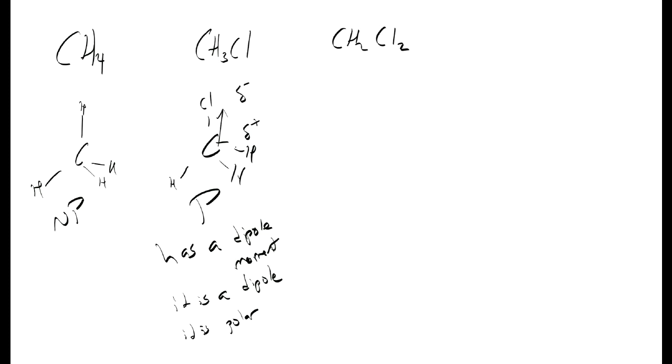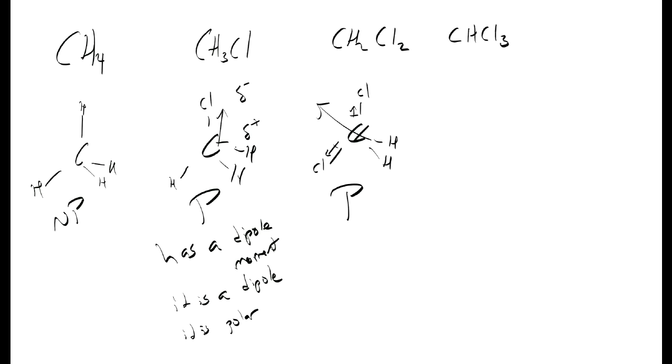Similarly, CH2Cl2, dichloromethane, or methylene chloride. That's C, Cl, Cl, H, H. This also has a broken symmetry, because you've got a bond like that, and so it has an overall dipole moment that looks like that. So that's a polar molecule.